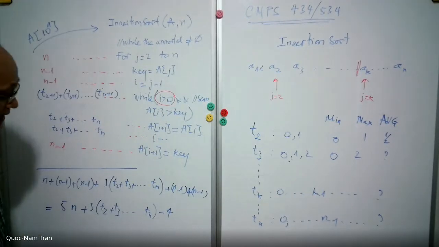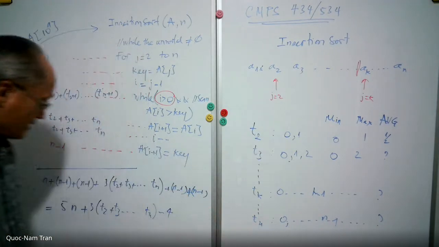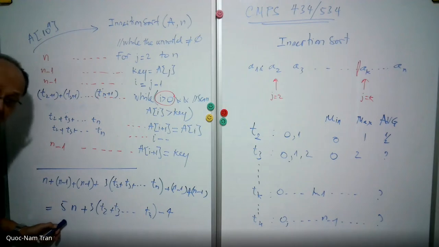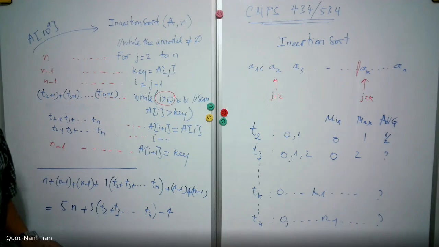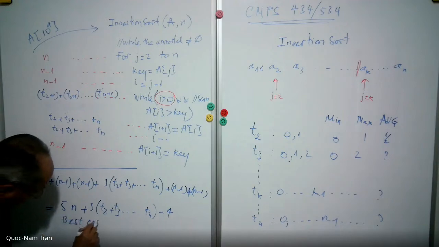So the best case situation is that when all of these are 0, then what is the number of steps this algorithm will take? Best case, let me write here, and hopefully I still have enough space.